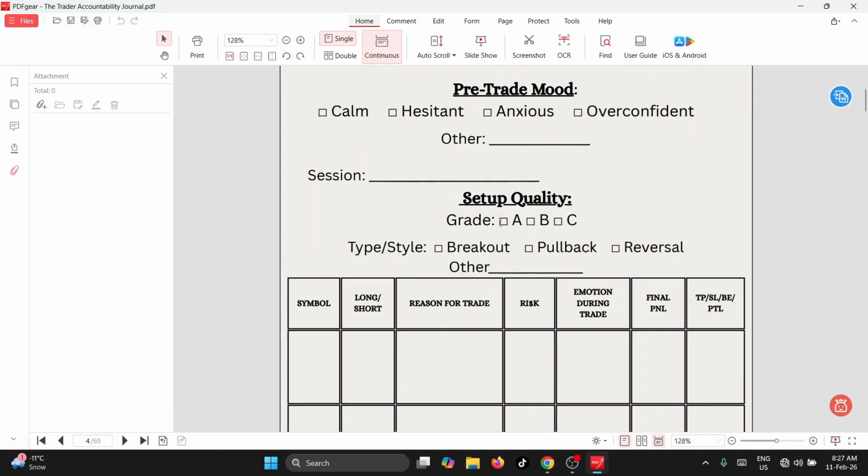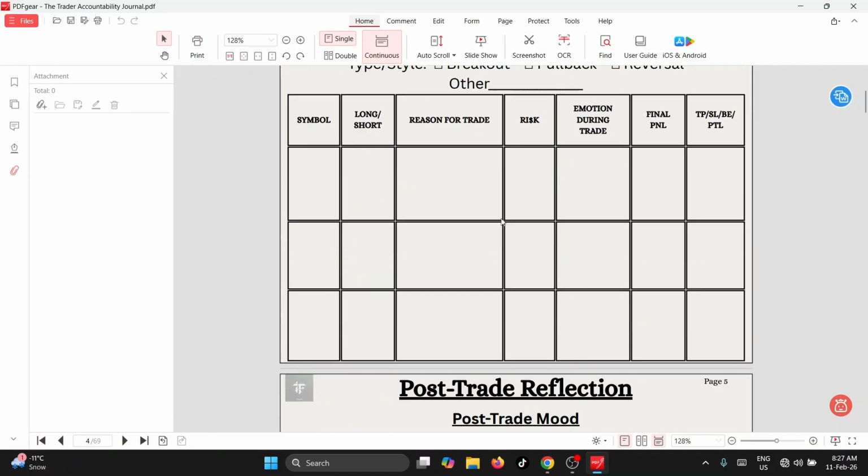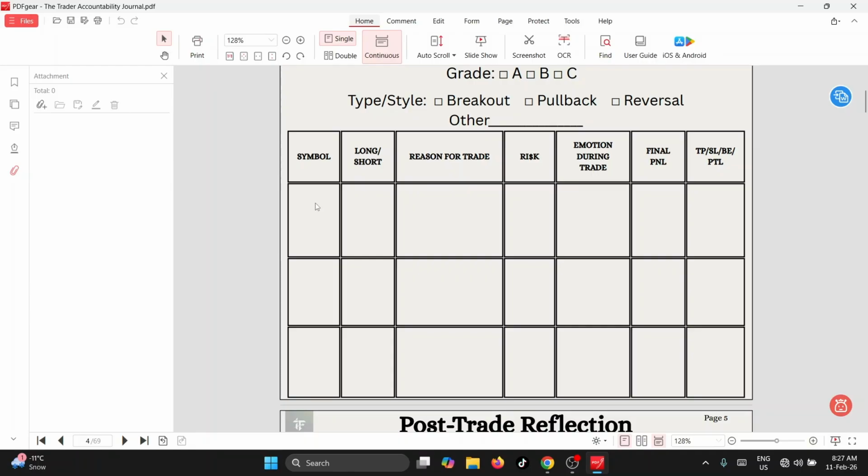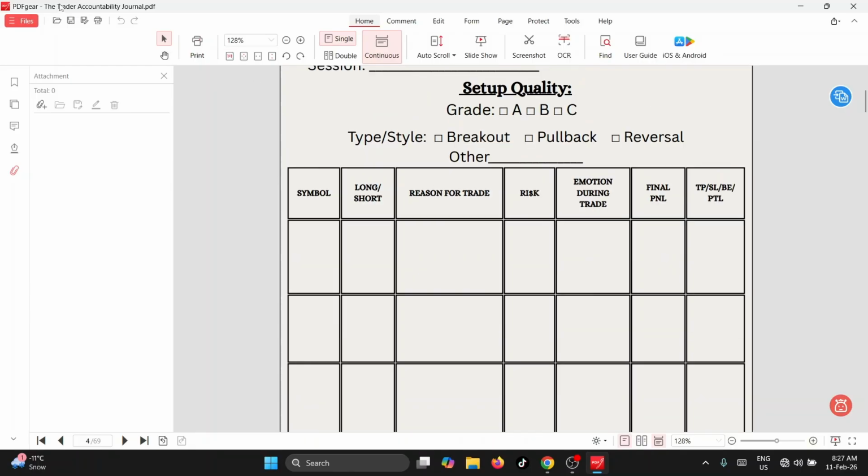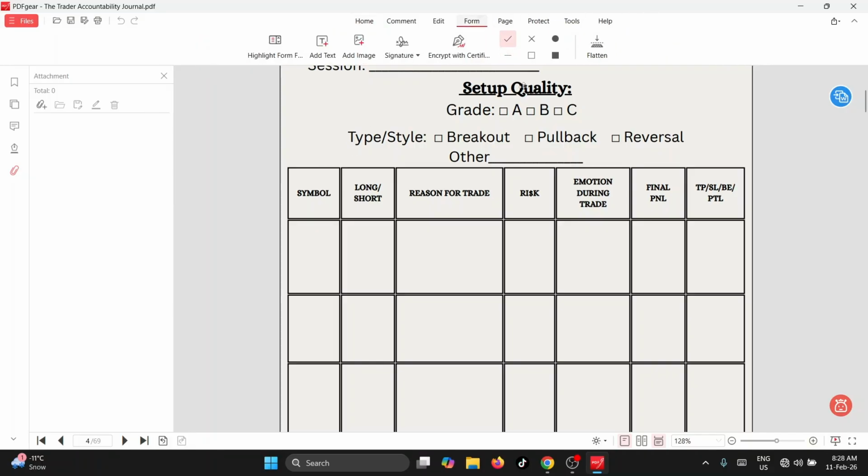Next, you're going to put in your symbol. Let me show you something: I use PDF Gear to fill mine. Right here, A setup. Okay, there you go. Then here is the trade style: breakout, pullback, reversal.